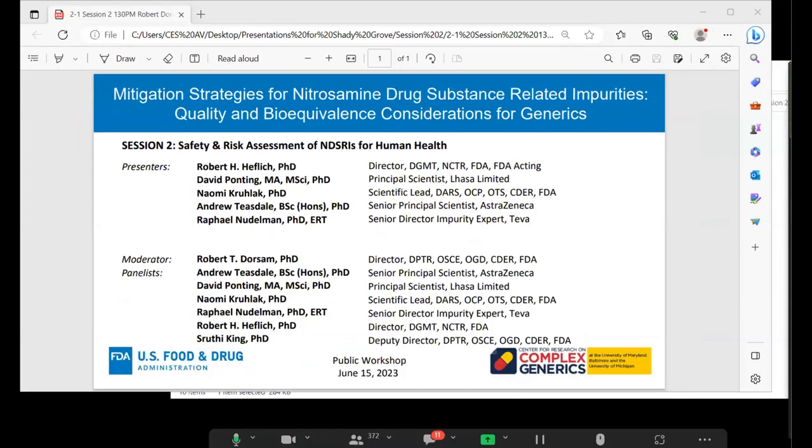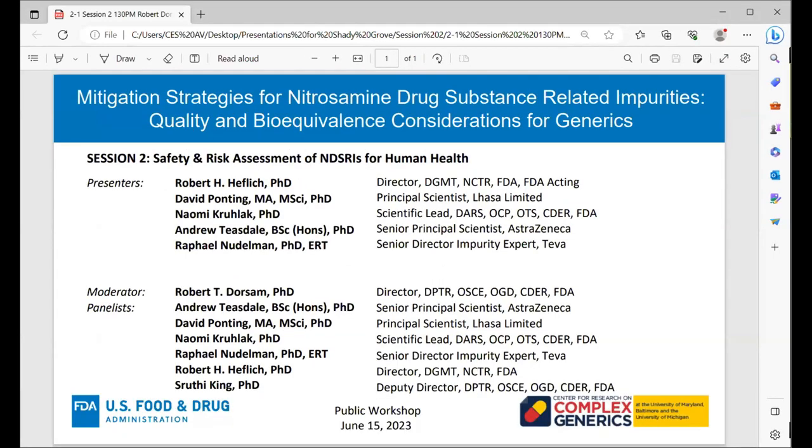And similarly, Dr. Naomi Kruhlak from FDA will discuss structure-activity relationships to inform setting acceptable intakes for nitrosamine impurities. Lastly, Dr. Raphael Nudelman from Teva and Dr. Andrew Teasdale from AstraZeneca will discuss their mechanistic studies for NDSRI-related mutagenicity.